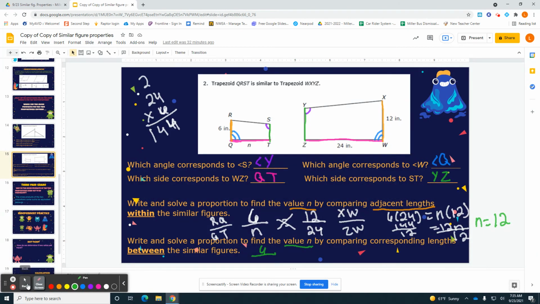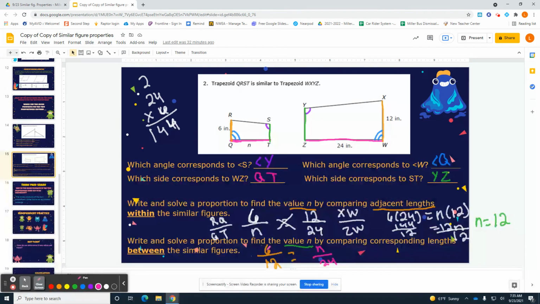Well, let me write it in the color that corresponds with it. So 6, and which side corresponds with 6? 12. So 6 over 12 is equal to n over 24.